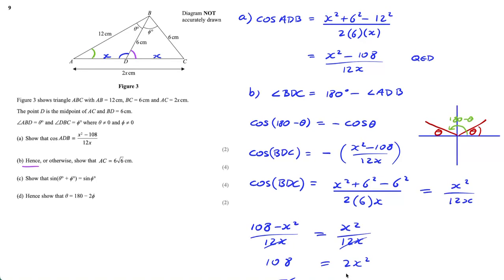Next, part C. Show that sine of theta plus phi is equal to sine of phi. Okay, now this, guys, isn't obvious either, but I'm thinking sine rule, and I'm thinking there's something going on here with the big triangle and the smaller triangle. So let's do a sine rule with the big triangle.